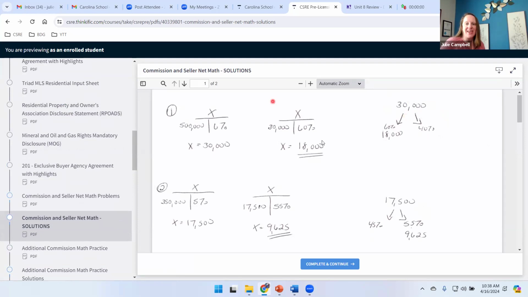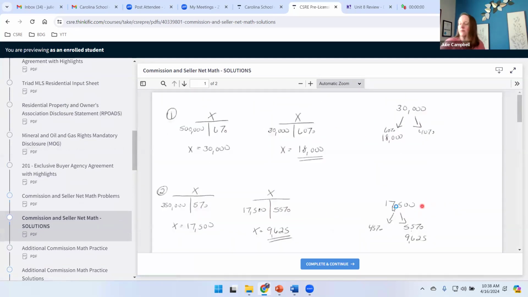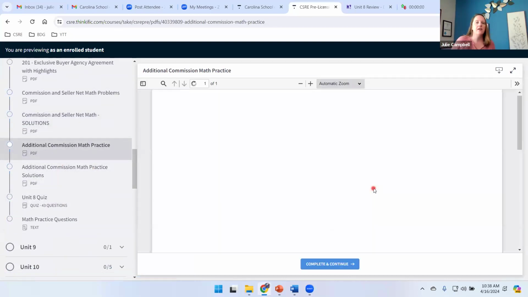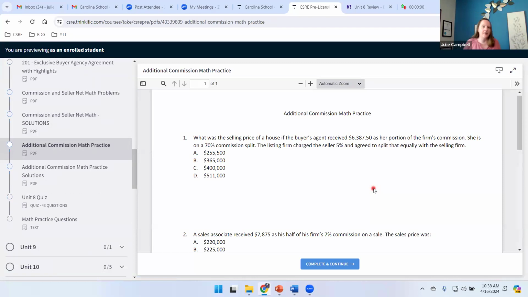I used the map and the T-bars, the steps you need to get there, so whichever works for you. This additional commission math, if you're so inclined, is practice working up, taking those steps to divide. Again, if you can work it backwards, you are good to go. There's also some in that Unit 8 quiz in the online learning system as well.